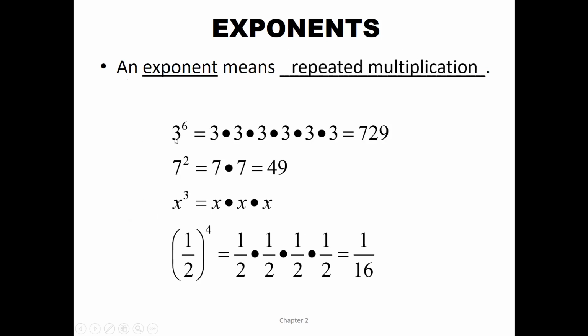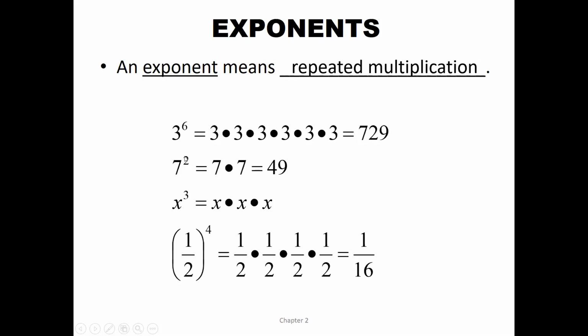So if we see an exponent like this, 3 to the 6th, it means we line up 6 3s in a row and just multiply them. 3 times 3 is 9, times 3 is 27, times 3 is 81, times 3 is 243, times 3 is 729.